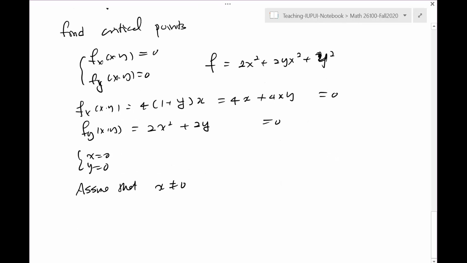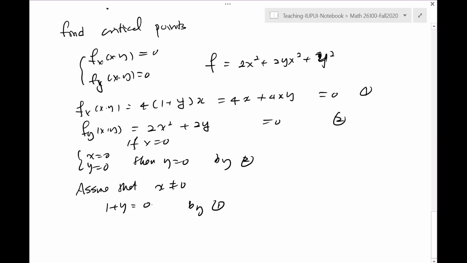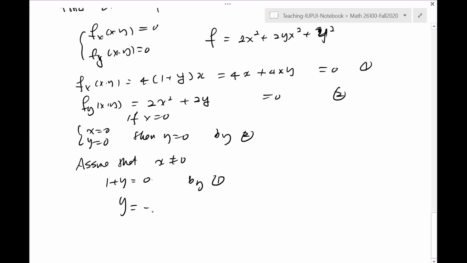If x is not 0, then by the first equation, x plus y is going to be 0. So if x is 0, then y is 0, by the second equation. But if x is not 0, then by the first equation, y is going to be -1.